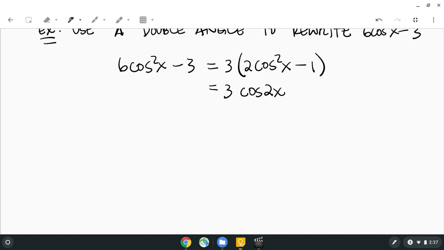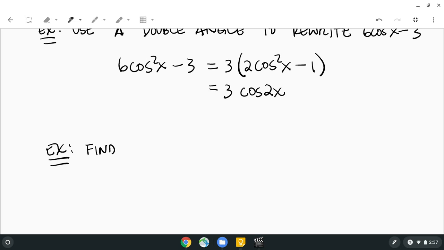And let's go ahead and take a look at another example. So let's take a look at half angle, double angle. Let's do a double angle problem inside a quadrant. Okay, so let's take a look.